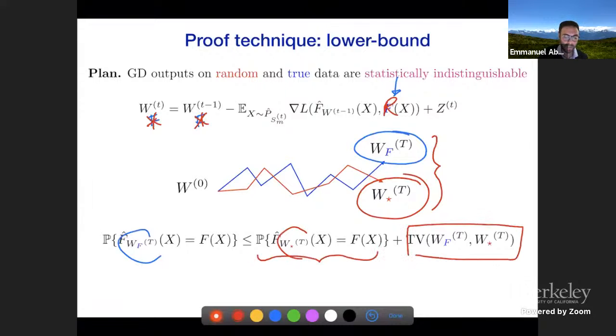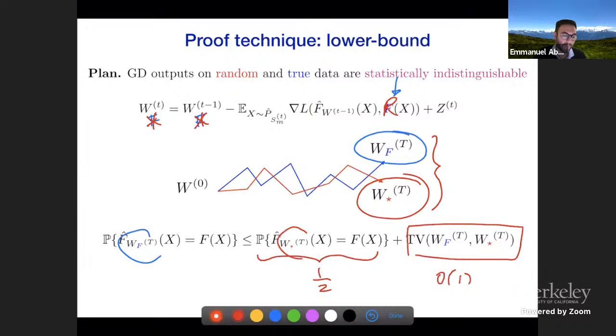This guy here must be half because it's independent of the true f, so you cannot hope to predict with junk data better than half. And if the TV is vanishing when t is not too large, then you get your lower bound. Let's say that you cannot generalize better than half.